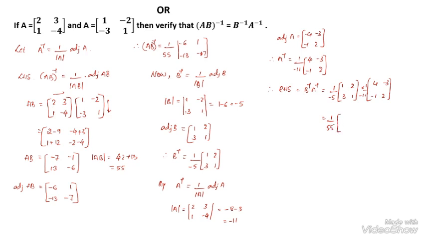Multiplying: 1 into 4 is 4, 2 into minus 1 is minus 2, 1 into minus 3 is minus 3, 2 2s are 4, 3 fours are 12, and 1 into minus 1 is minus 1, 3 into minus 3 is minus 3, 1 2 is 2.